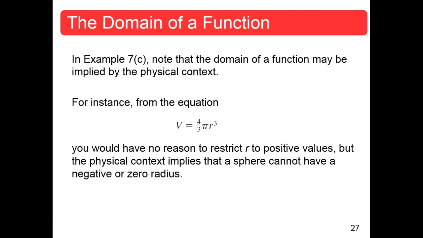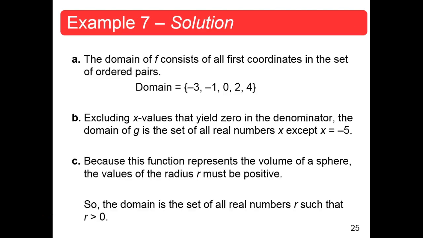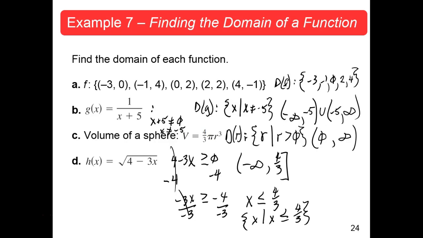Let me go back here just a moment. If they had said V is equal to 4/3 pi r cubed, without saying that's the volume of the sphere, even though you know that's the formula for it, if that was just a mathematical equation, you can put in all real numbers, what you just said earlier.